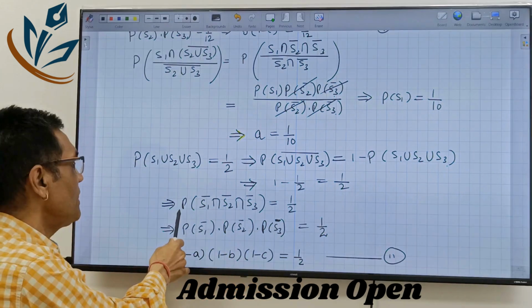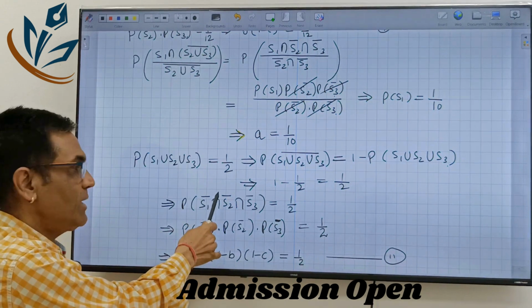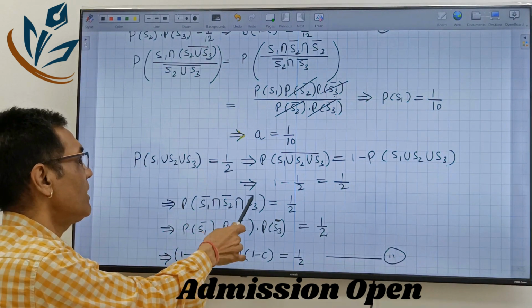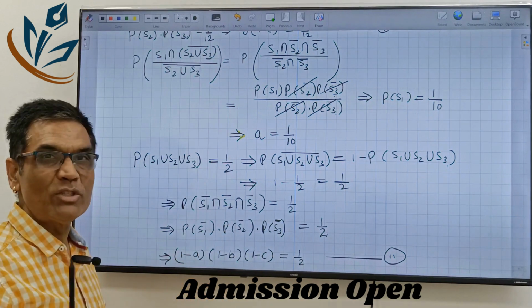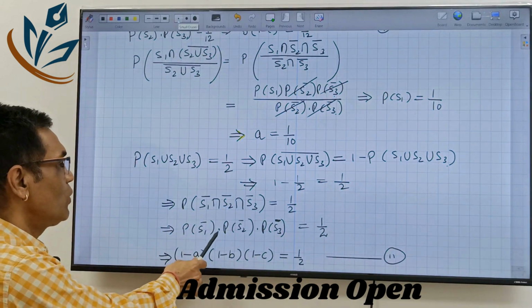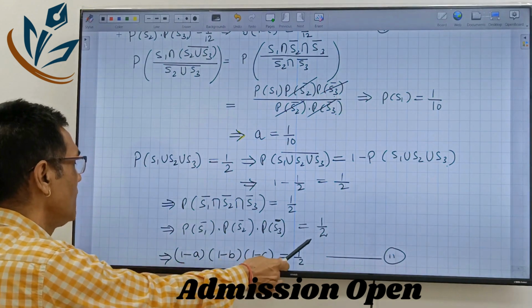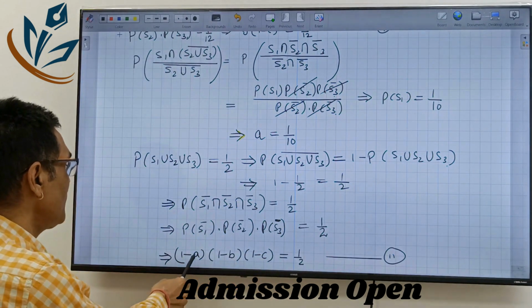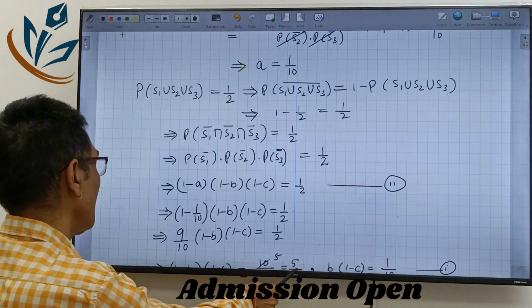That means P of S1 bar intersection S2 bar intersection S3 bar equals 1 by 2. Now use the property of independent events: P of S1 bar times P of S2 bar times P of S3 bar equals 1 by 2. Putting the values, 1 minus A, 1 minus B, 1 minus C equals 1 by 2.